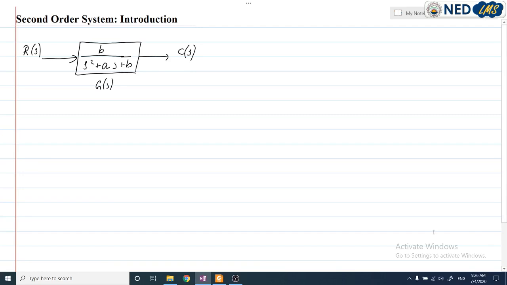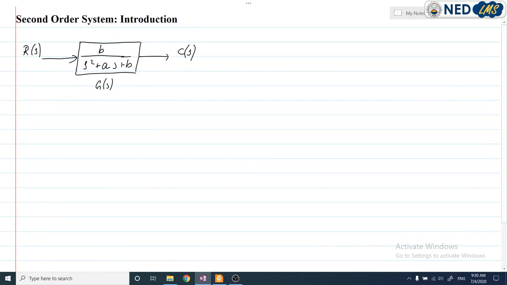So there are 2 unknown parameters, a and b, and by assigning appropriate values to these parameters, we can develop all possible second order transient responses. Since there are 2 poles or roots in the denominator, since it is a quadratic equation, there can be 4 possible combinations of the roots.